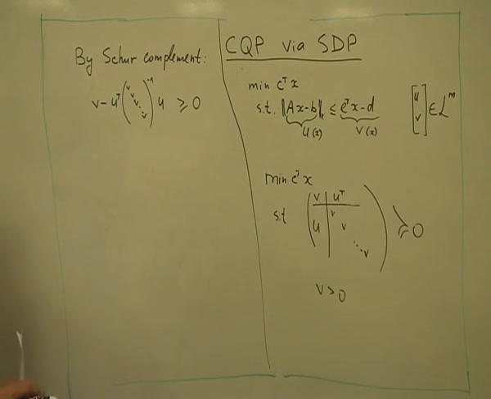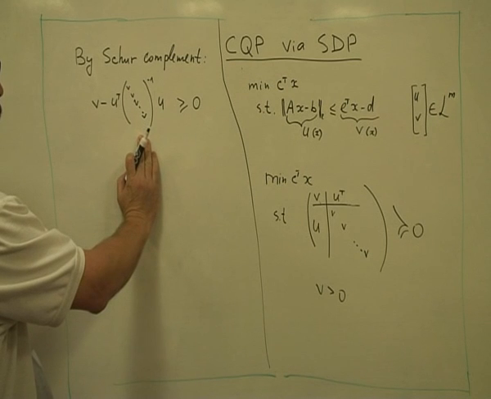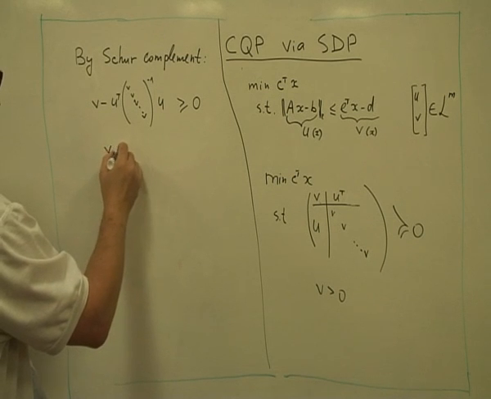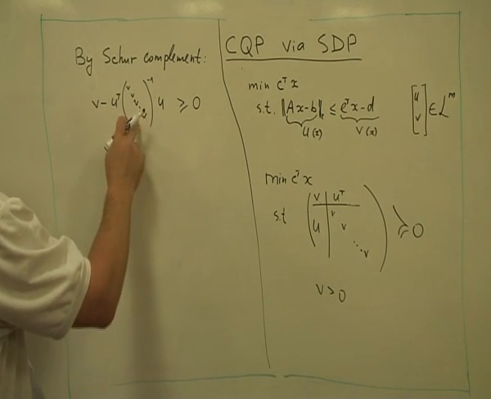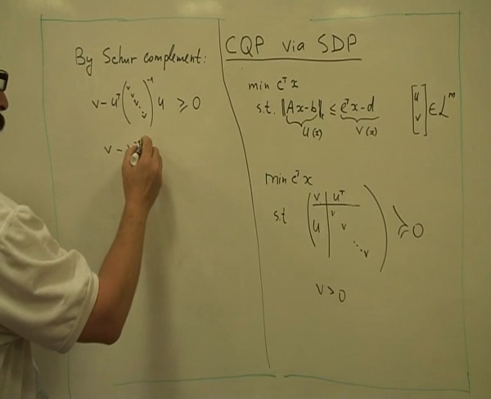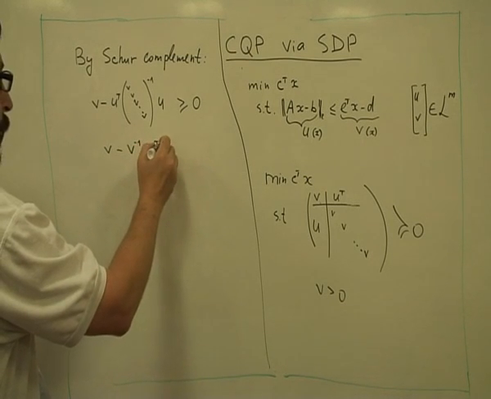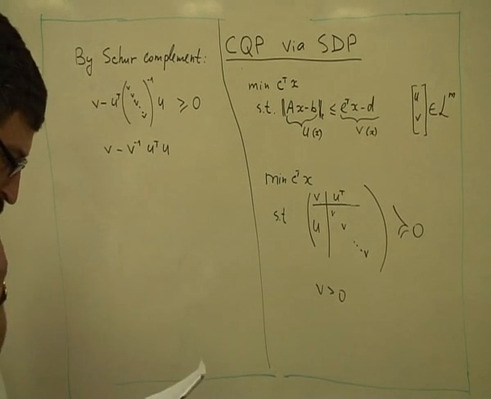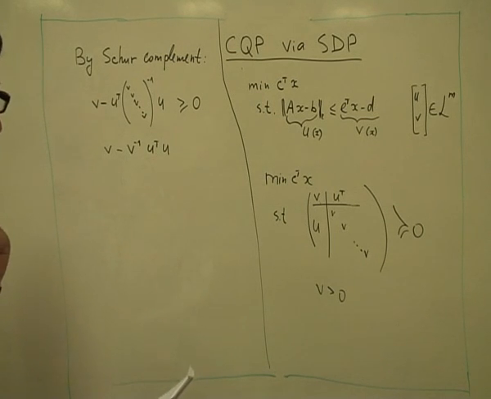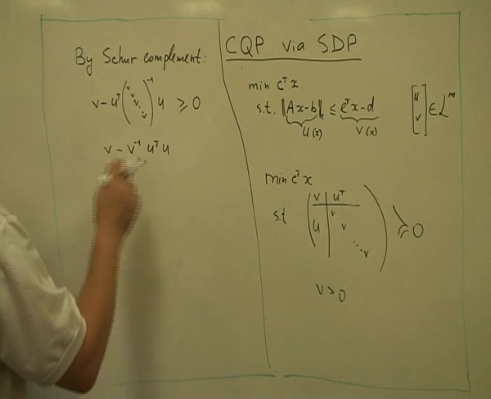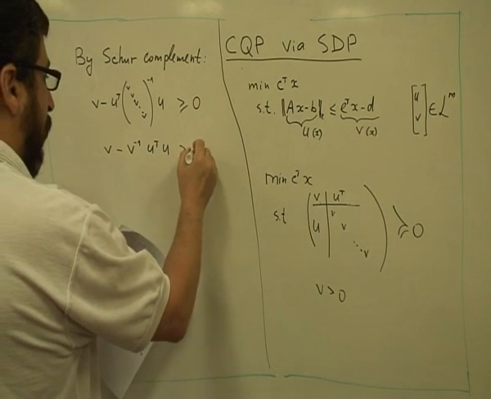Okay, let's get back to this expression. Actually, one can see that this is, remember that v is a number, v inverse u transpose u. If you do manipulation with diagonal matrix, you will see that this is really the case. So this expression should be greater or equal to 0.